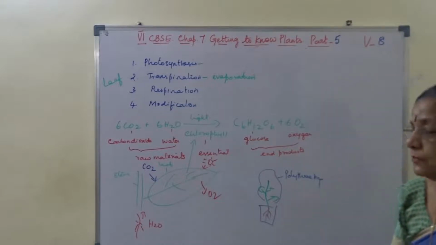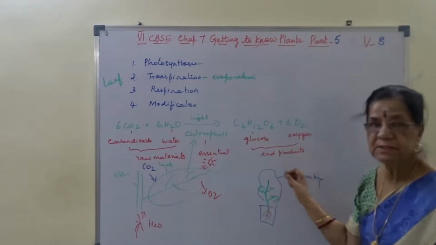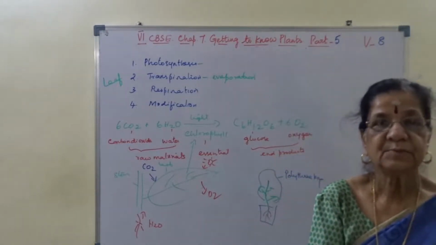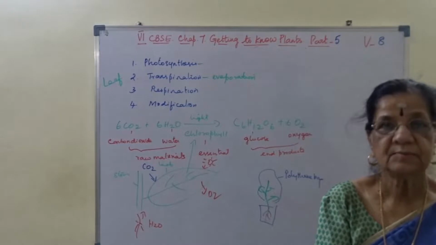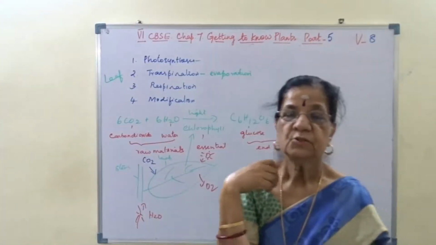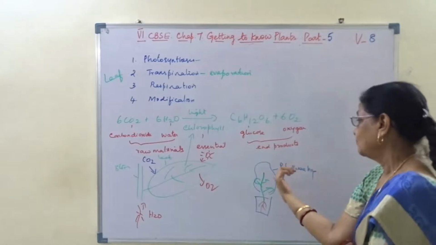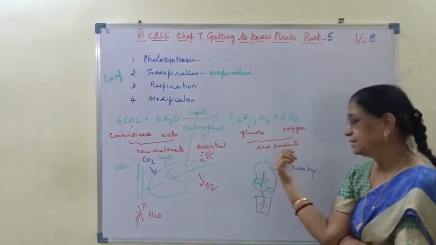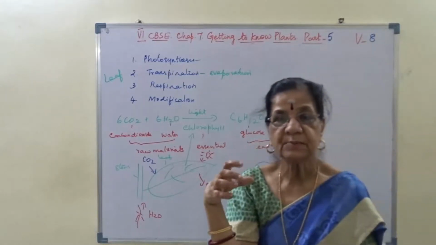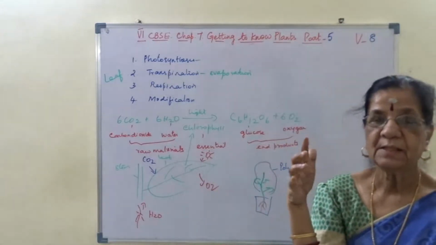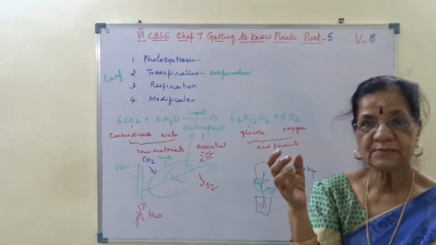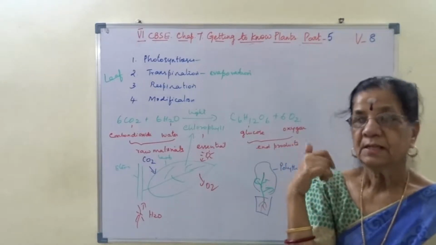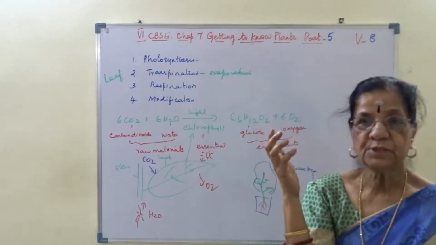After some time, we find some droplets of water in the polythene bag. So we are doing transpiration, where you take a potted plant, cover the shoot system with the polythene bag, and leave it in the sunlight for 2-3 hours.